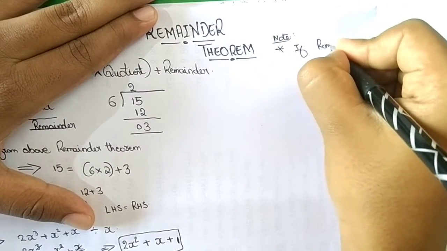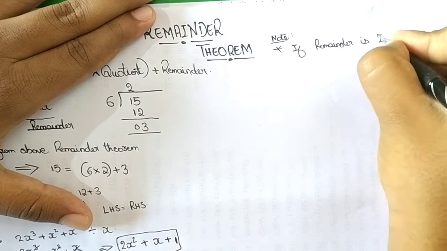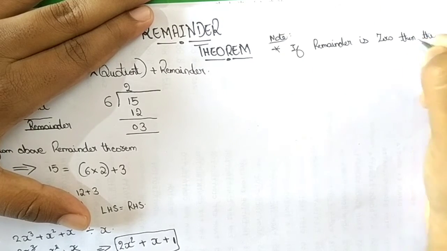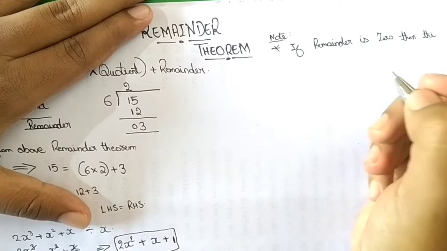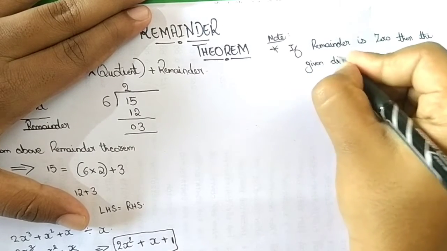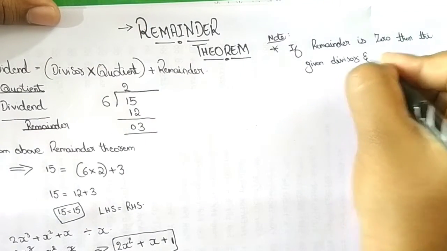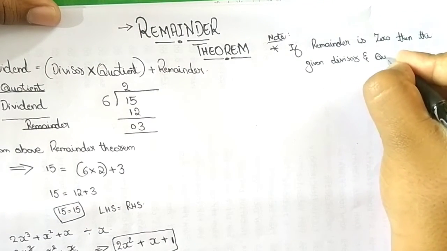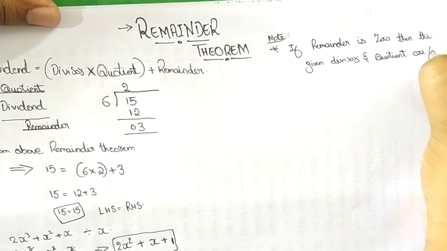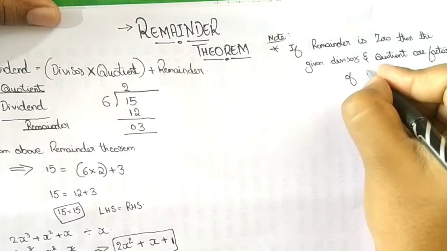If the remainder is 0, then the given divisor and quotient are factors of the dividend.